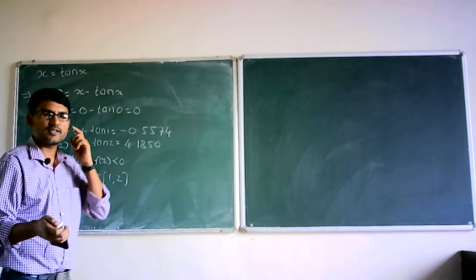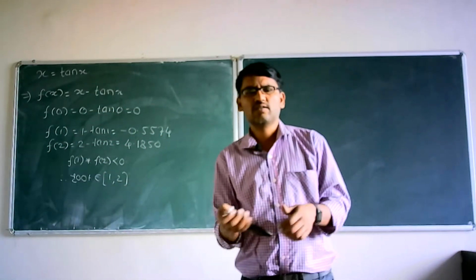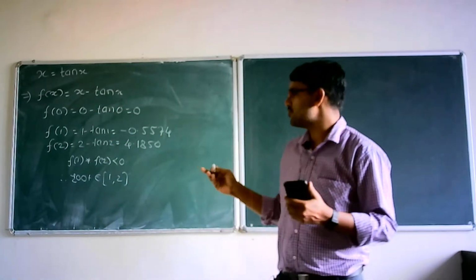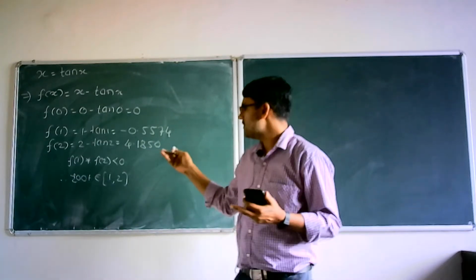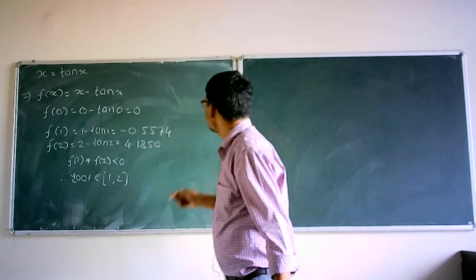Next, if you put x is equal to 3, 4, 5, again you will get one more root containing an interval. But since we want to determine at least one root, here we are going to take the interval 1 to 2. So what is our next step?